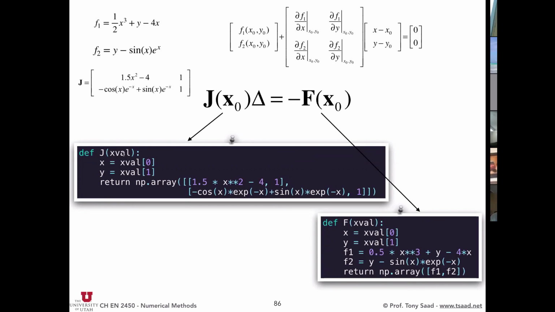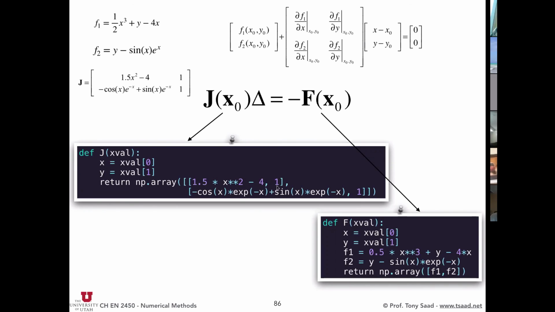So I'm going to pass it xval, and then I untangle those. I call them x and y because I want to relate this to these functions f1 and f2. And then simply return an array, and notice how I nested the array in terms of rows. It's an array built on lists, just like we've defined arrays throughout the semester. We're back to linear systems, right? This is nothing more than a matrix.